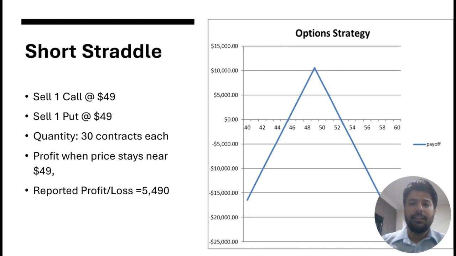As you can see, the payoff graph looks like an inverted V. The highest profit is when the stock price stays around $49, and we incur losses if the price moves above or below $49. But in our case, the price stayed between $47 and $50, which is break even for us, and we recorded a profit of $5,490.